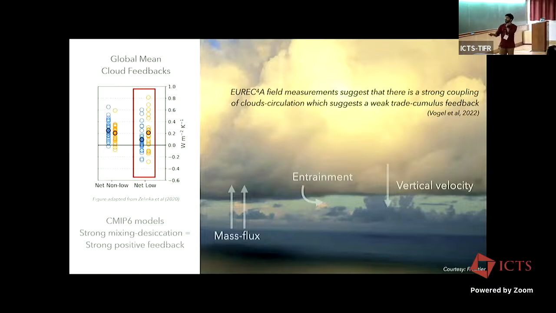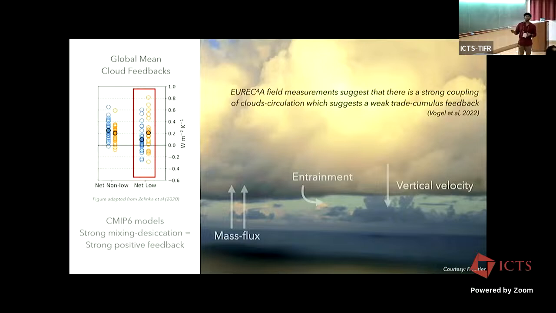So what do I mean by mixing desiccation? In a warmer world, if you have increased mixing, so you have increased mass flux, for example, it's compensated by a balancing entrainment. So an increase in mixing is an increase in entrainment, and the efficiency of the entrainment mixing to dry out the boundary layer is more than the surface fluxes can provide in this warmer world.